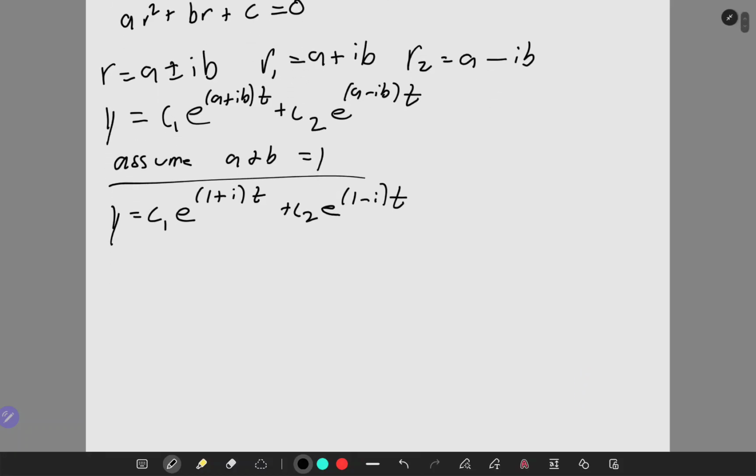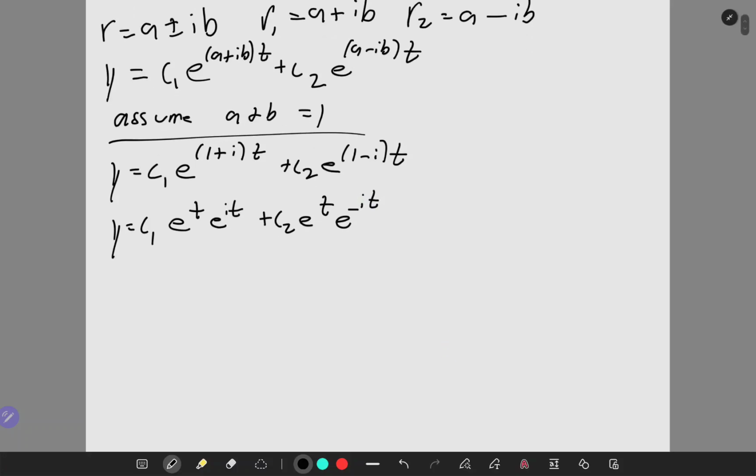First things first, what you should always do in this situation is you should never leave it like this. You should always rewrite it so that you separate these two terms. Do you see how I did that?